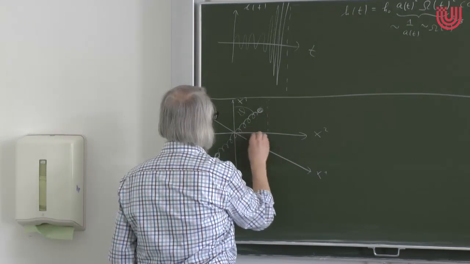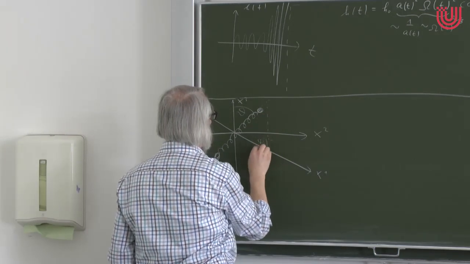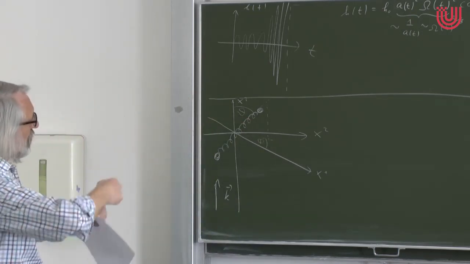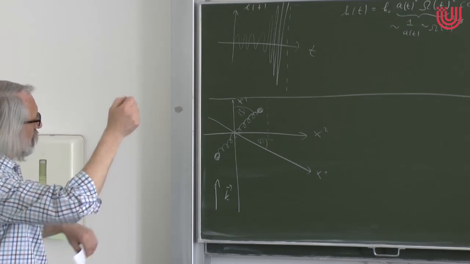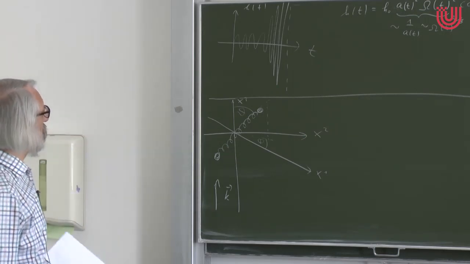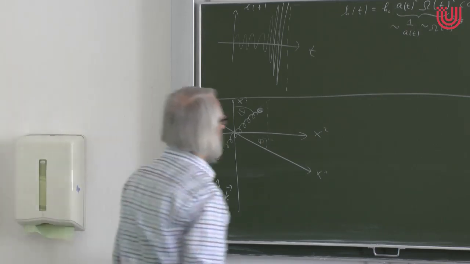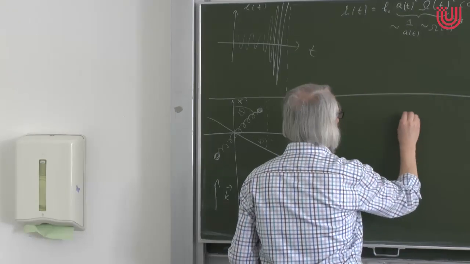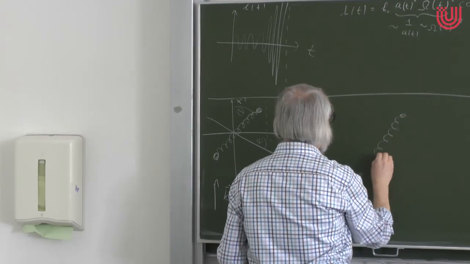So in general, there will be a certain angle phi here and a certain angle theta there, and we are calculating the kind of oscillation which would be excited in the spring by this incoming gravitational wave. So, okay, let me draw another picture, because otherwise you couldn't read it.